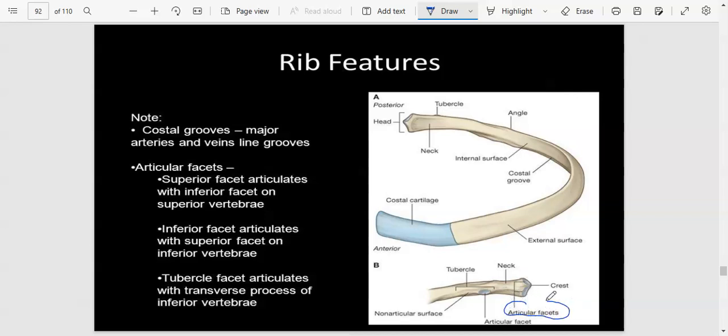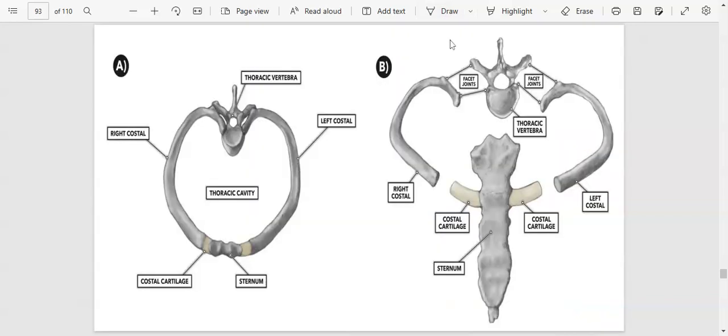We have got this facet here. We also have this articular facet here. These are the ones which are going to connect behind, or posteriorly, with the thoracic vertebrae. That's where they get to connect, right? So behind, they are going to connect with the thoracic.